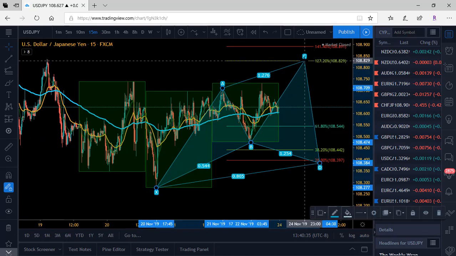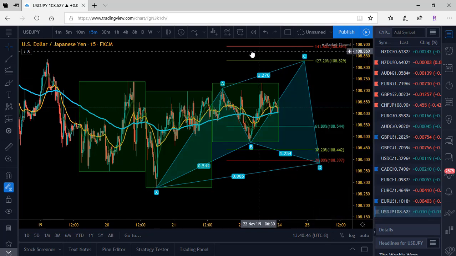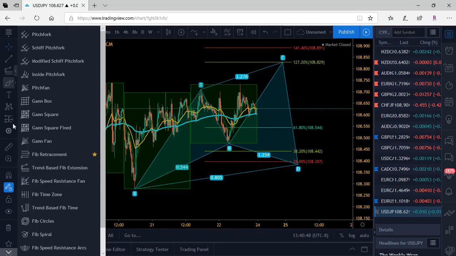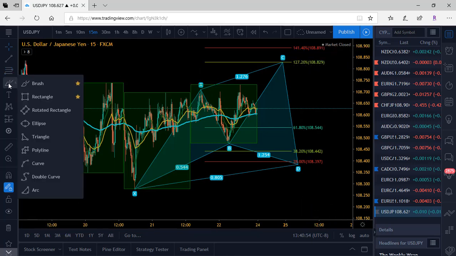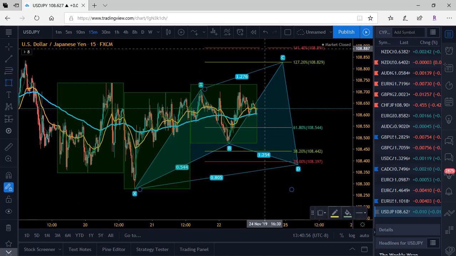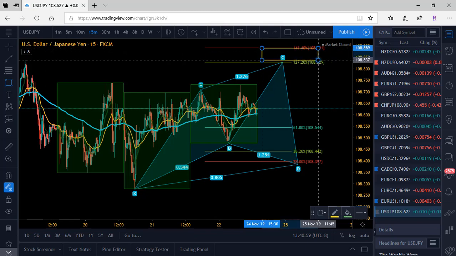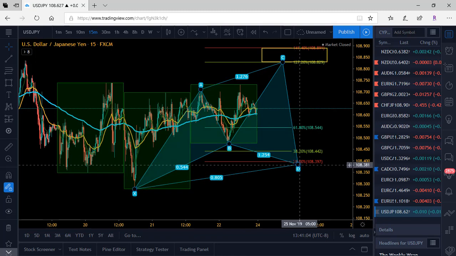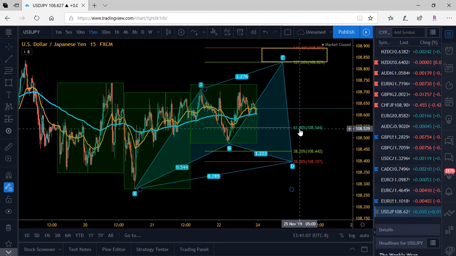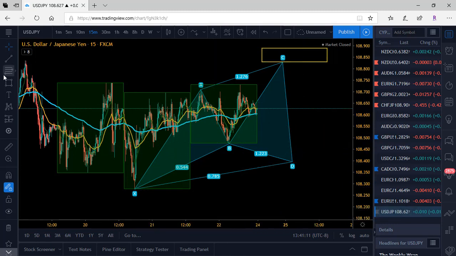I'm just going to wait for price to get up here. Essentially, this is the kill zone for the C point. This area right here.